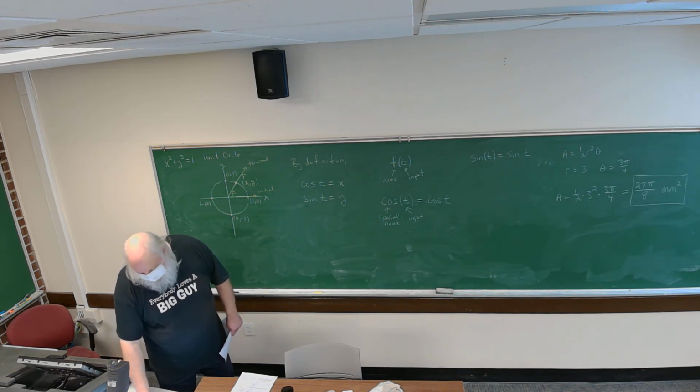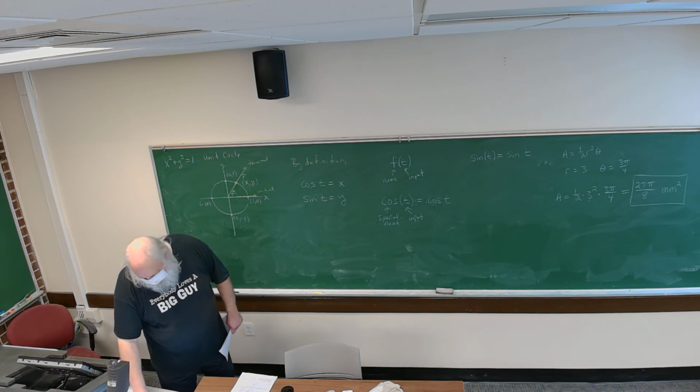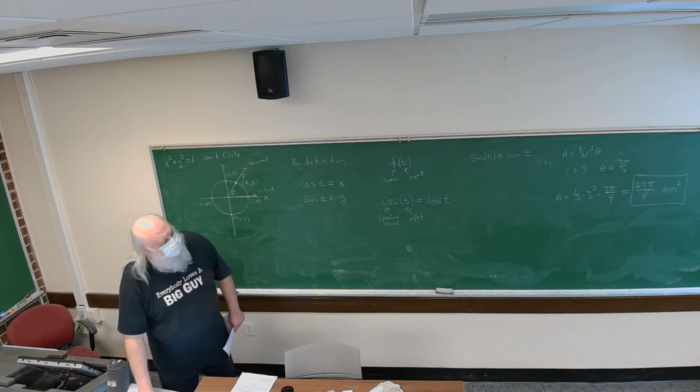So here's the equation of the unit circle, x squared plus y squared equals 1. Well, x is equal to cosine t, so I can replace x with cosine t, and I can replace y with sine t, and I get this equation down here: cosine t squared plus sine t squared is equal to 1.